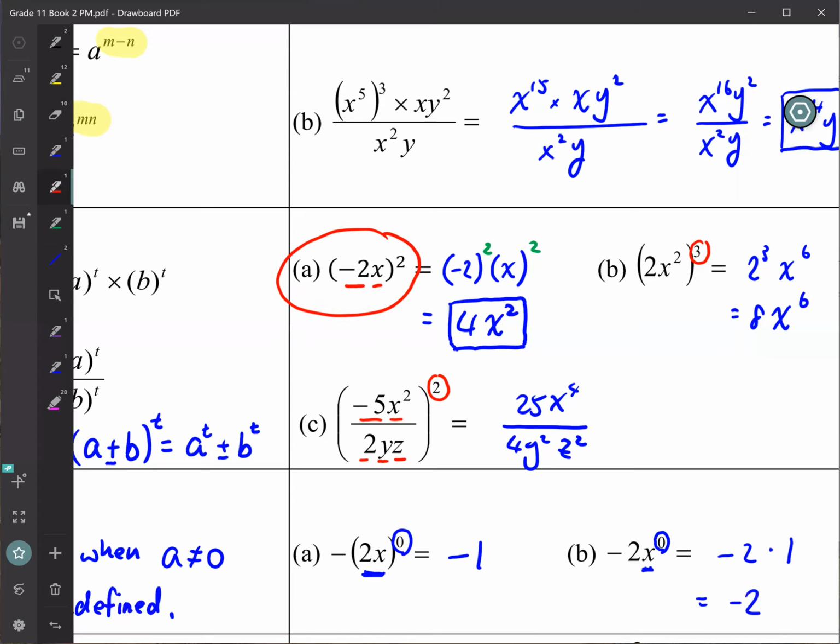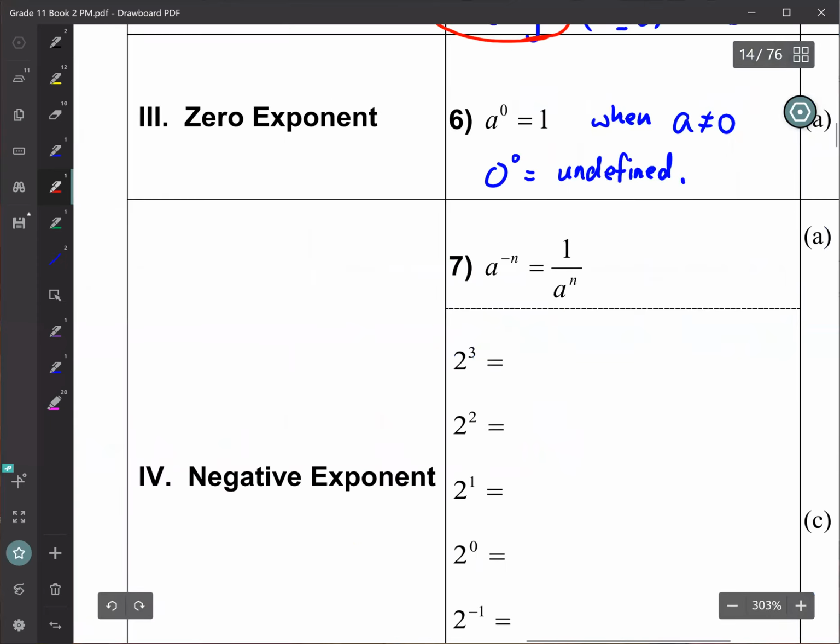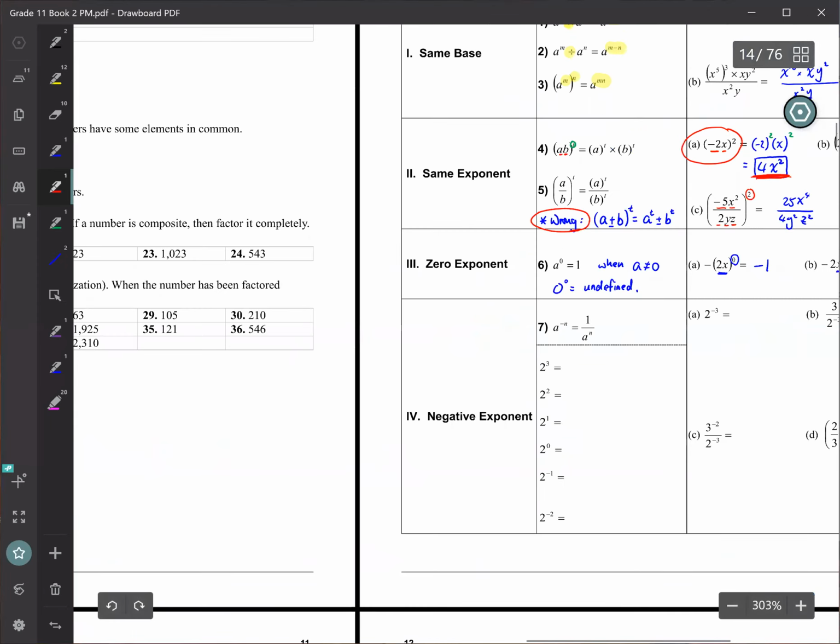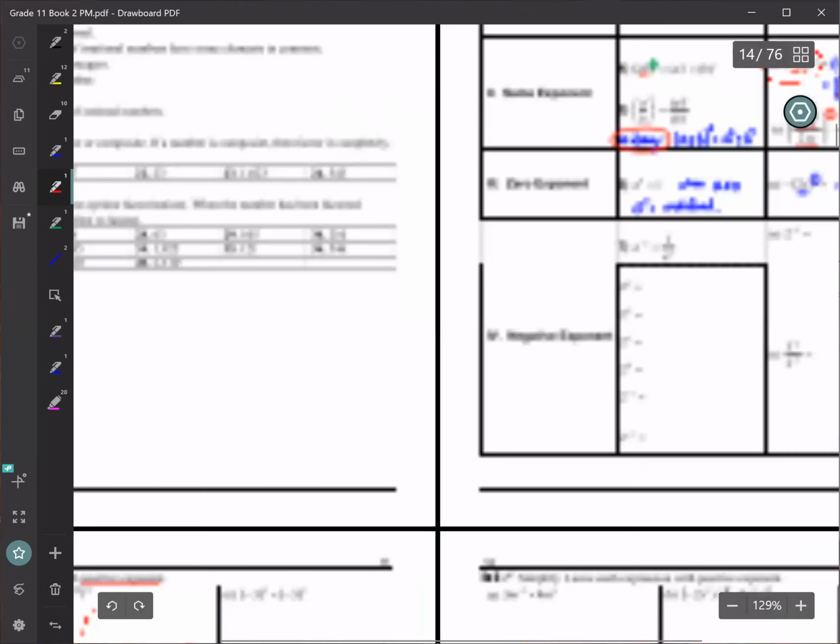Your answer, you need to evaluate the coefficient part. So your answer should be 4x squared. The variable, you can keep it, but the coefficient part, you need to evaluate.